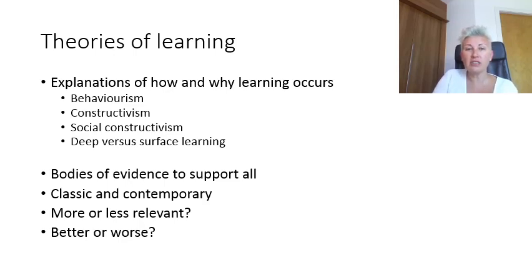Social constructivism emphasises the role of social interaction, relationships, discourse, dialogue, people around us for successful learning. And theories that talk about deep and surface learning emphasise different ways in which information can be taken in at a superficial level versus a deep level, and the more successful learning focuses on the deep level assimilation of information.